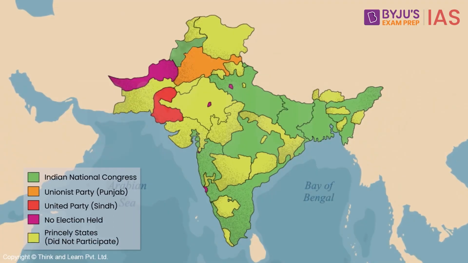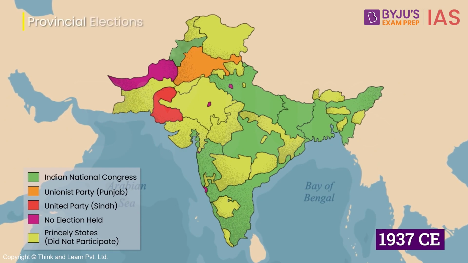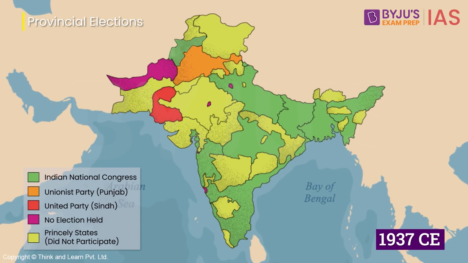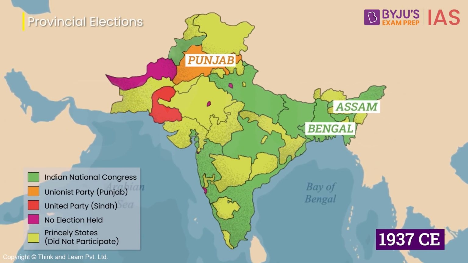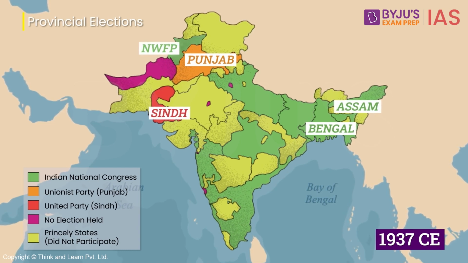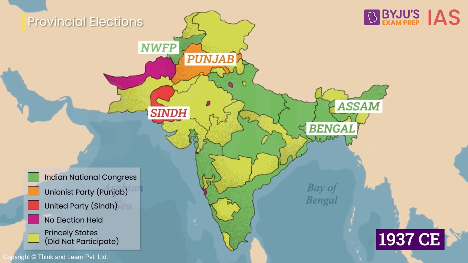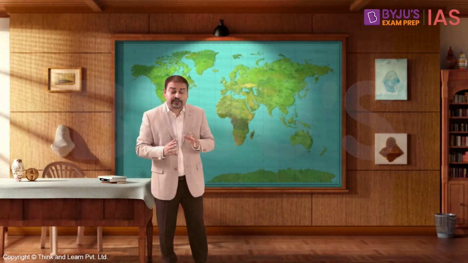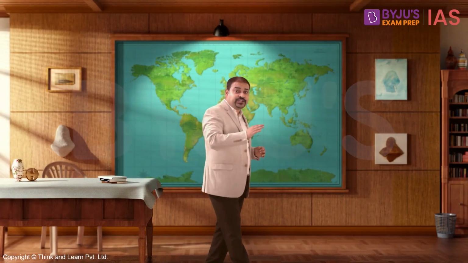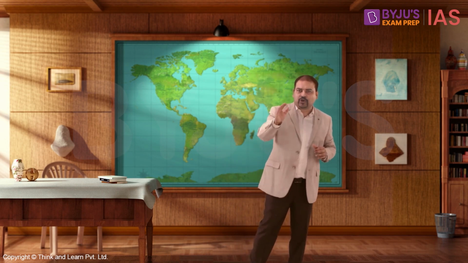Against this backdrop, in the 1937 provincial elections, Congress claimed a majority in all provinces except Bengal, Assam, Punjab, Sindh, and the Northwest Frontier Province, and emerged as the single largest party in Bengal, Assam, and Northwest Frontier Province. Congress was able to bring some changes and reforms within the system, but their command was short-lived.